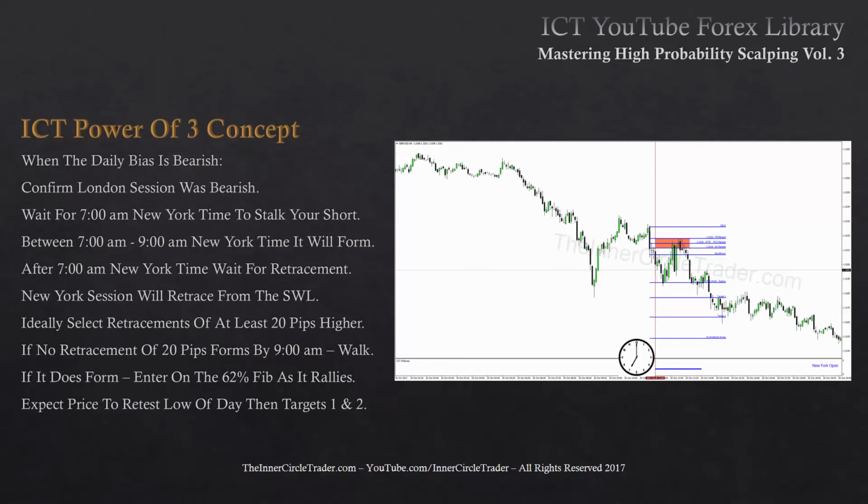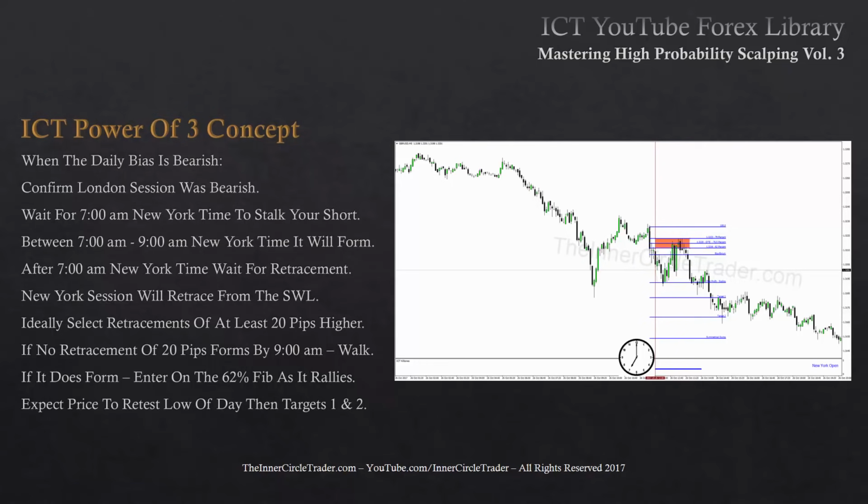So in other words, if we're looking for bearishness to continue from a weak sell-off in overnight trading in London, we'll be looking for a retracement after 7 a.m. New York time to get a short-term overbought condition, and that's going to be capitalized on by an optimal trade entry short, trading short at the 62% retracement level, and then looking for the intraday low that was formed to be retested and/or the previous day's low. And then after that, we would be looking for, again, targets 1, 2, and the symmetrical price swing on the fib.